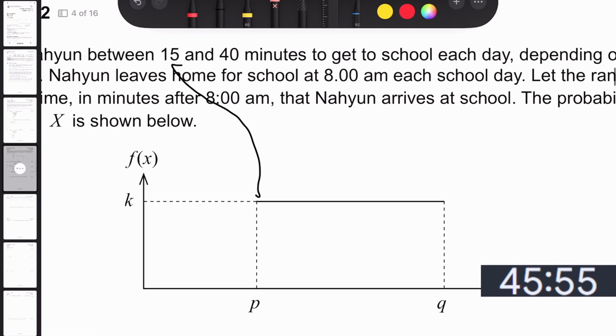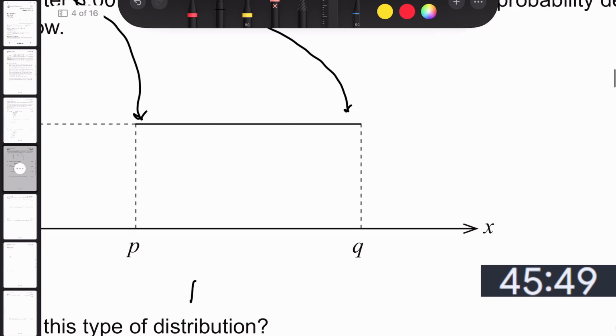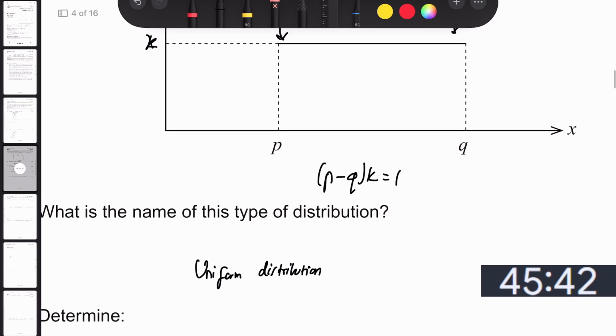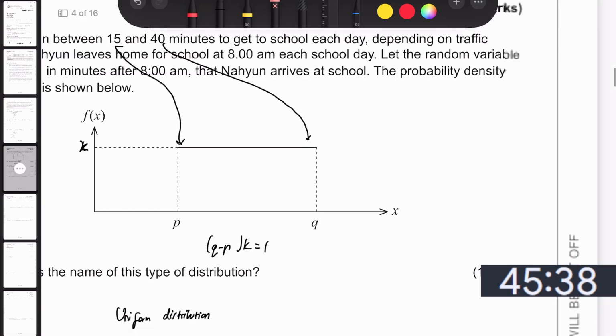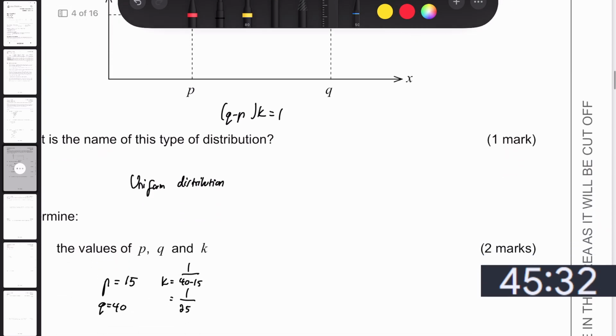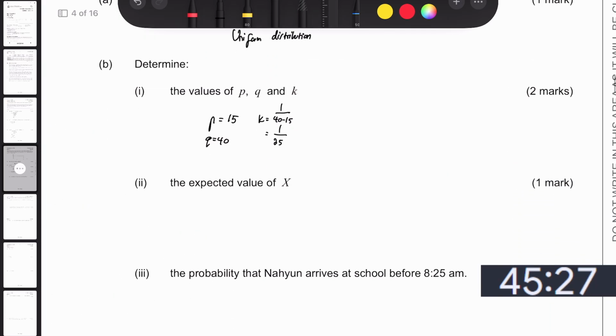Because here between 15 and 40, and k is just a value, so (q minus p) times k is equal to 1. So k is 1 over q minus p. Because this will make a rectangle and the area should sum to 1 because we're finding probabilities. So then k is equal to 1 over q minus p, so 1 over 40 minus 15, so 1 on 25.